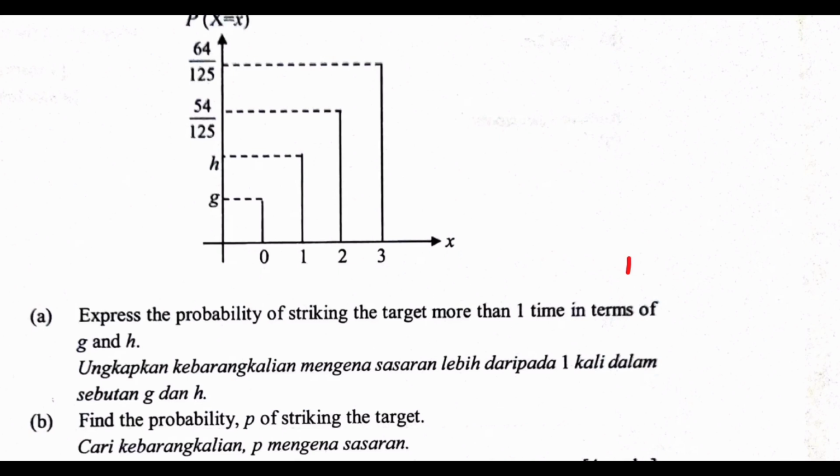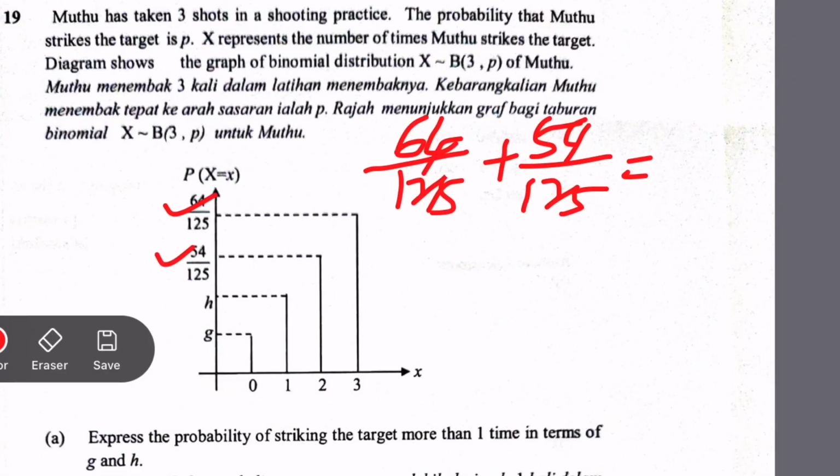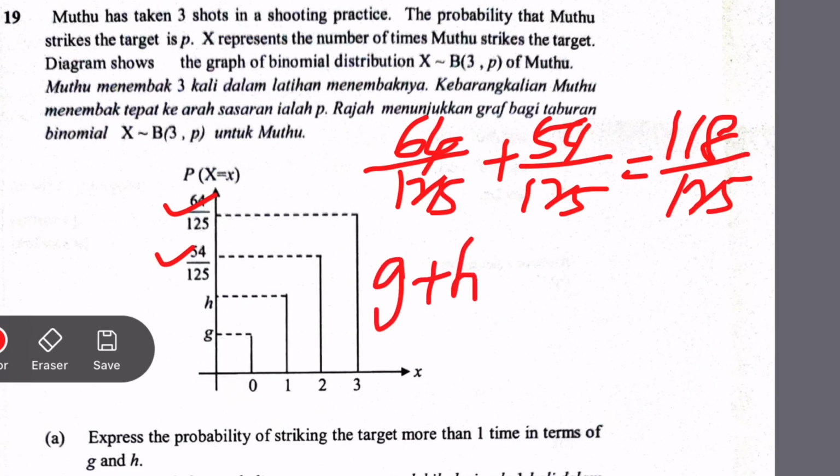So how to answer a question like this is we need to remember that the sum of all the probability values should be equal to 1. The moment you see a question like this, tell yourself that all the probability values when added should be equal to 1. So instead of writing 64/125 plus 54/125 equal to 118/125, you can say G plus H plus 118/125 should be equal to 1, right?